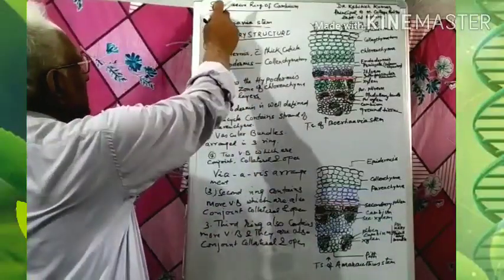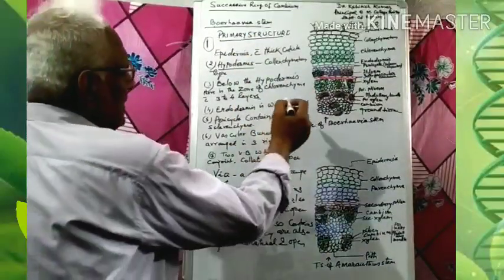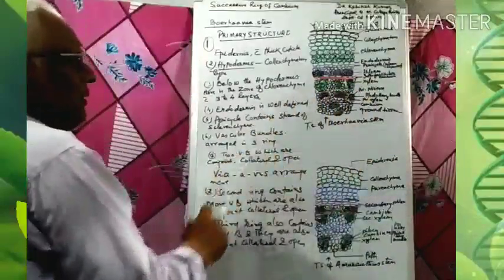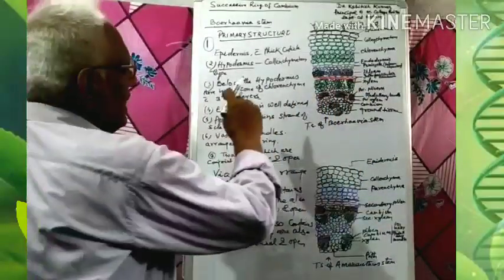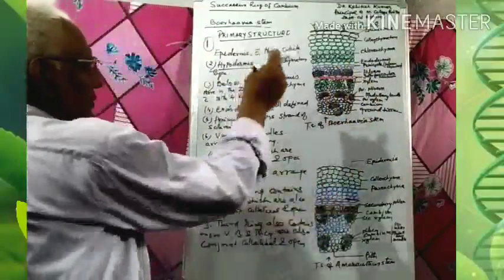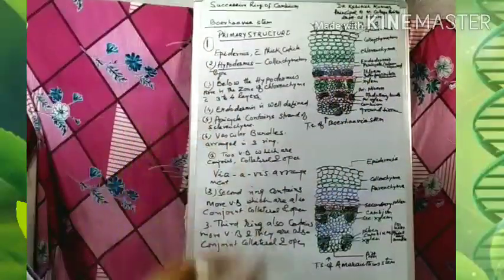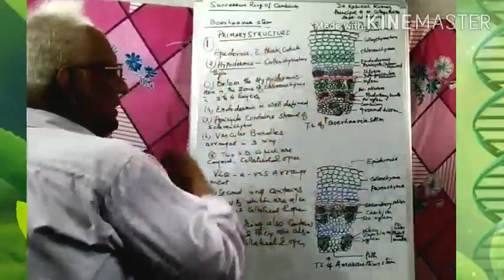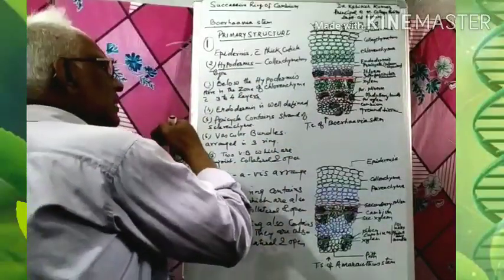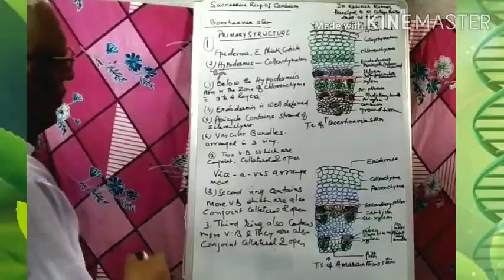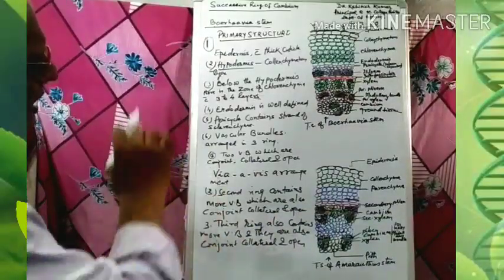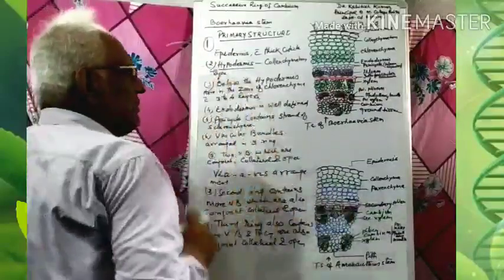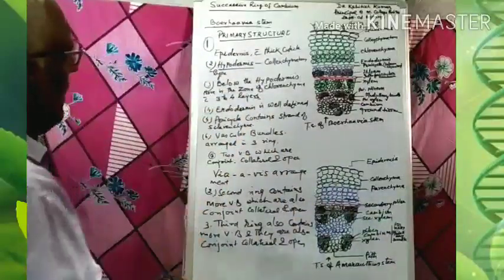Successive ring of cambium is so called because when one ring completes its secondary growth, a second layer of cambium is produced and it also starts cutting secondary tissues, and that is repeated again and again, so there seem to be several rings of cambium, one after another.